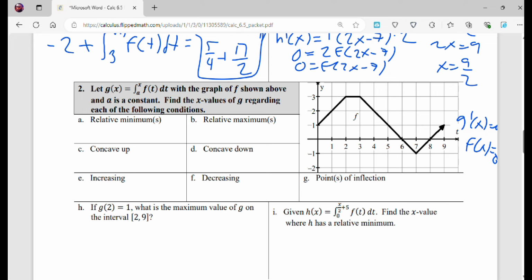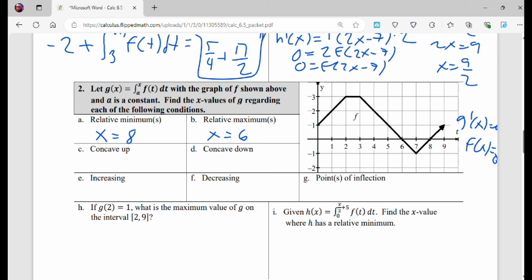That would be at x equals 8. Then vice versa, when does g have a relative maximum? When g prime of x goes from positive to negative, or when f goes from positive to negative. So when does f go from positive to negative? x equals 6, right?